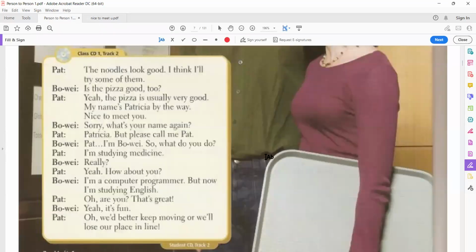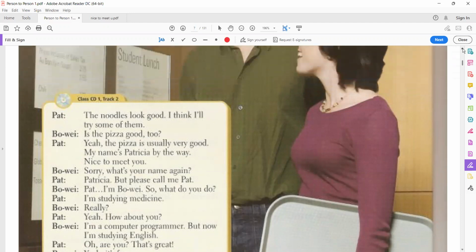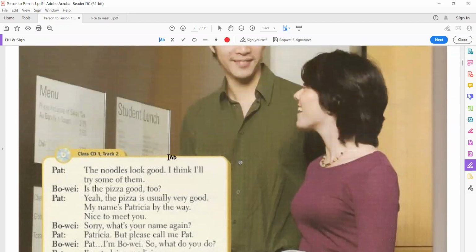So here in the conversation, Patricia and Bo were standing in line of a cafeteria and they were going to grab lunch. Pat said, the noodles look good. She started the conversation by talking about the noodles which are served in that cafeteria.